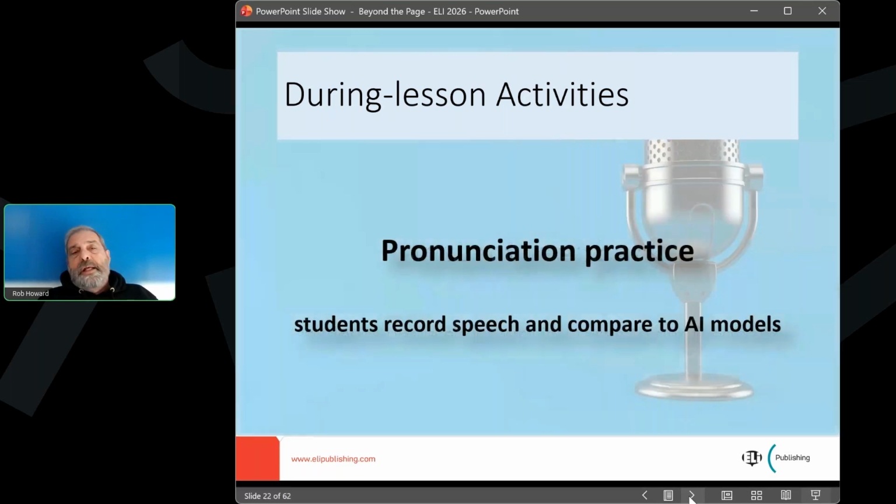Pronunciation practice. This is one thing that I think is great. I have not seen so many times that AI's pronunciation isn't very good. Usually it's pretty spot on. Not always, though. But if you have students record their speech and they can either compare it to an AI model, actually, any speech to text application is basically AI.